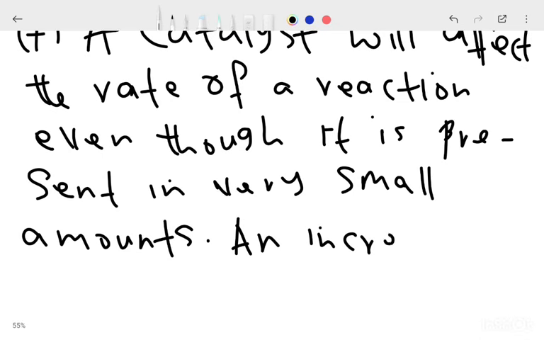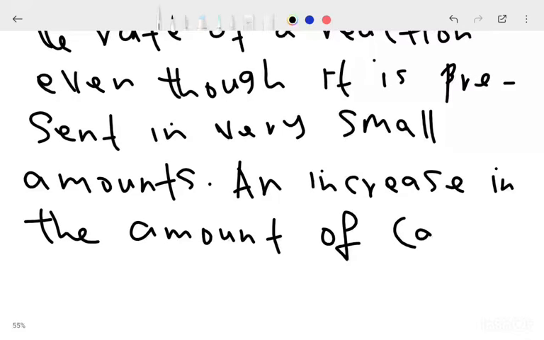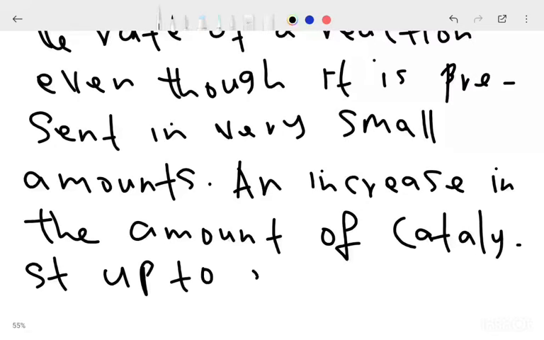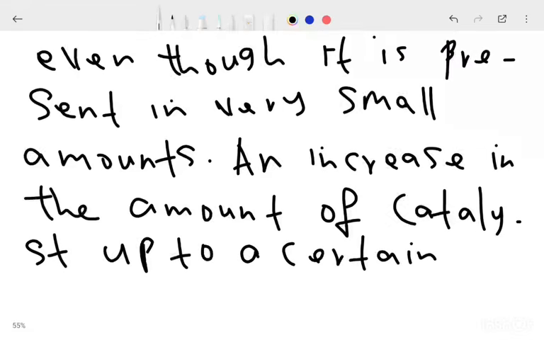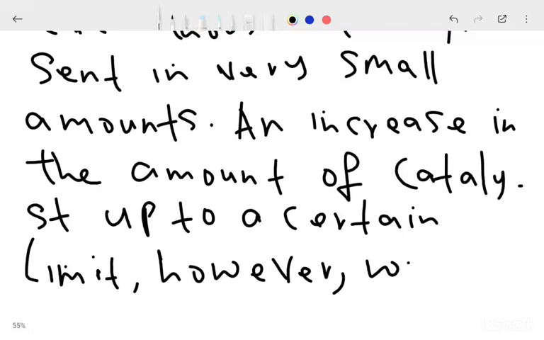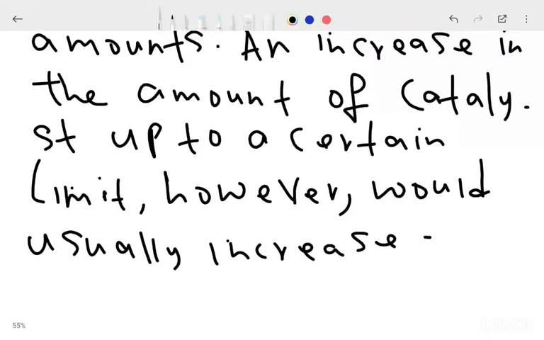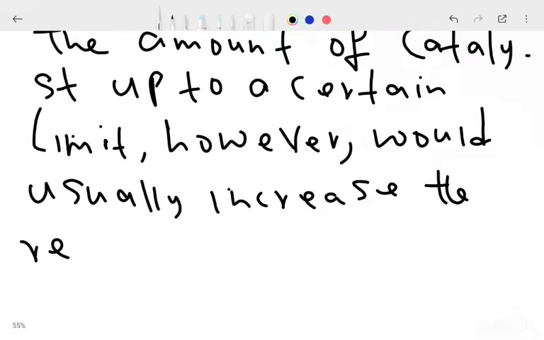Then an increase in the amount of catalyst, up to a certain limit however, would usually increase the reaction rate.